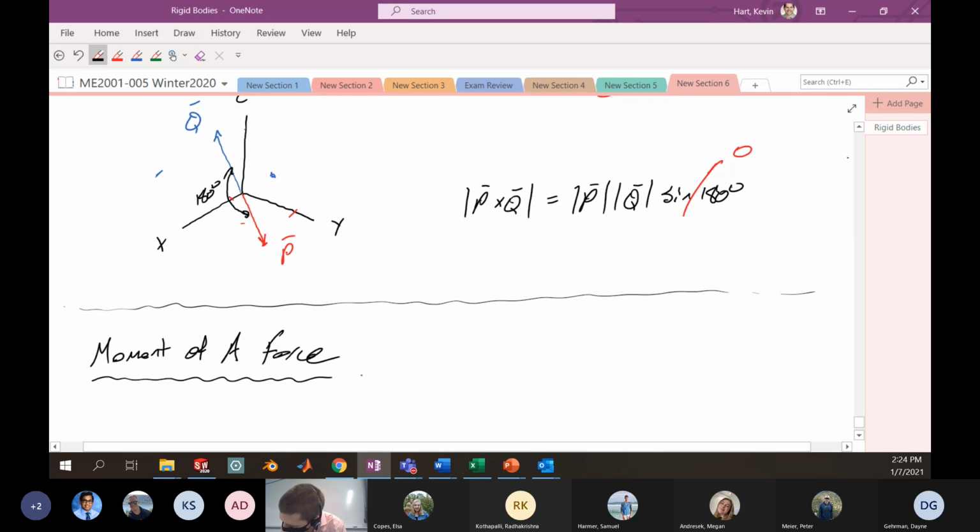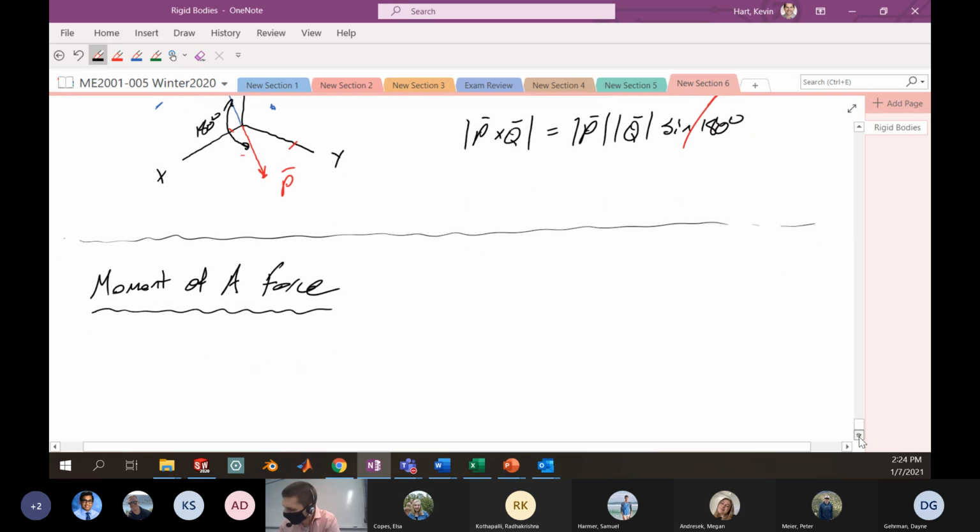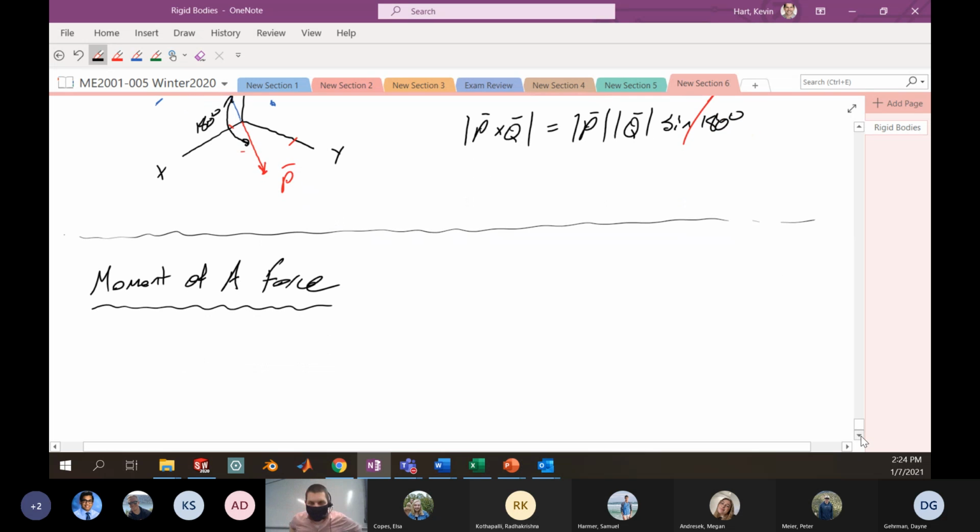So here's the moment of a force. We're finally there. It took a little preamble, but we're getting there. All right, so let's write it in words first, and then I'll give you the math. The moment of a force, which I'll label as capital M with a bar over it. Moment is a vector.